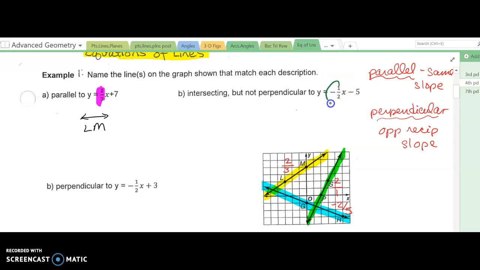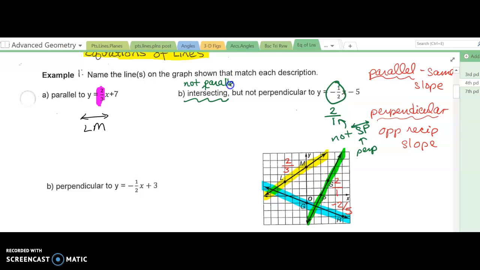Okay, part B, if it's intersecting but not perpendicular to. So if it were perpendicular, the opposite reciprocal of 1/2 would be +2 over 1. Therefore, it is not SP, right? Because SP was perpendicular. So if it's going to intersect, intersecting would mean that it's also not parallel.